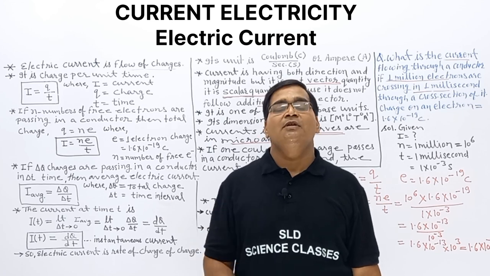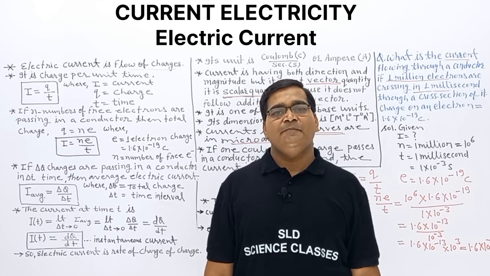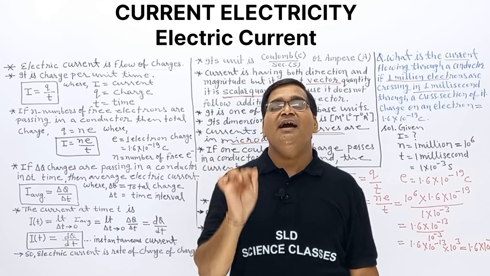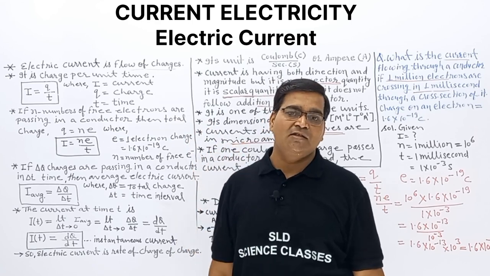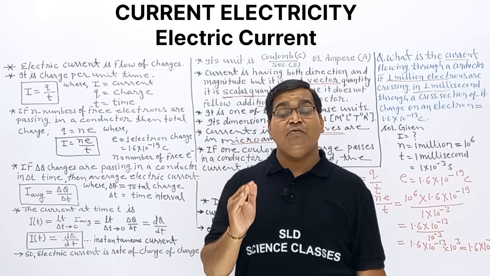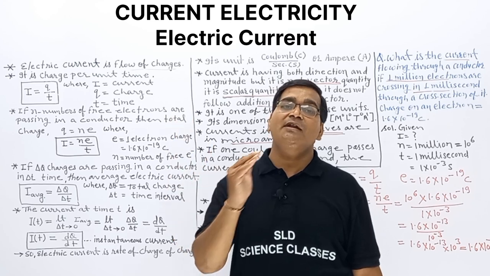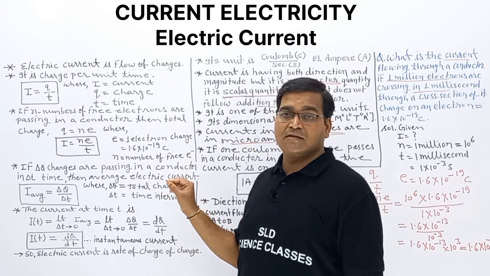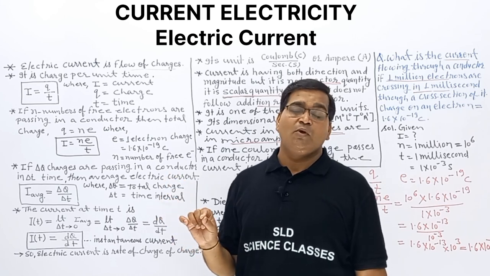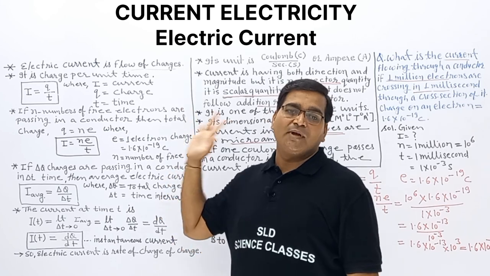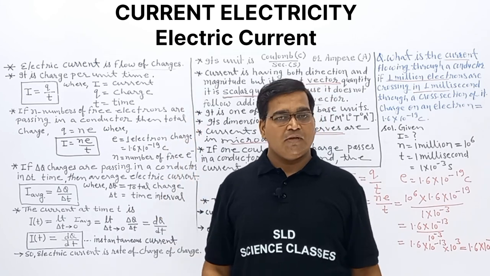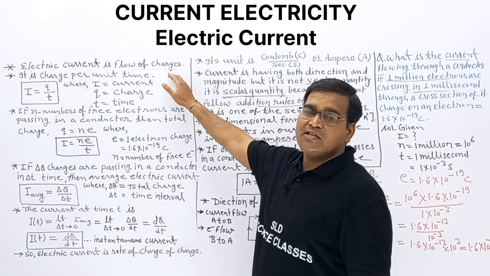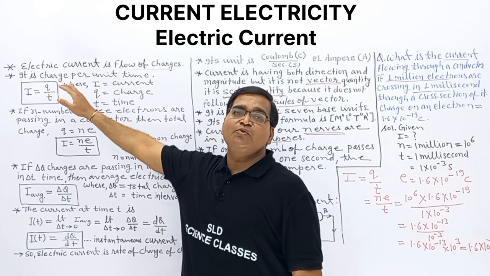In the last class we studied Ohm's law, and in Ohm's law we have three physical quantities: voltage, current and resistance. So today in this class we discussed electric current. In short I am revising: electric current is charge per unit time.